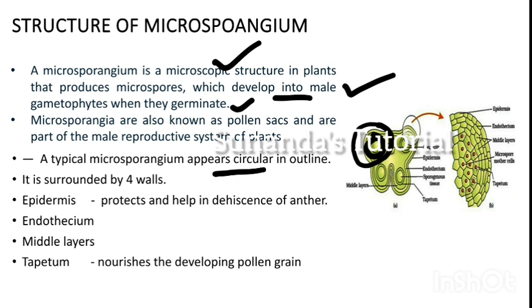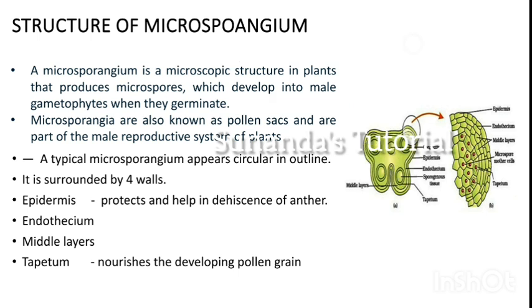These are the walls of this microsporangium. The outer one is called epidermis, then endothecium, then middle layer, then tapetum. Epidermis protects the whole microsporangia. Endothecium helps in anther dehiscence after maturation. Then the middle layer, then the tapetum, which nourishes the growing pollen grain. It supplies nourishment.